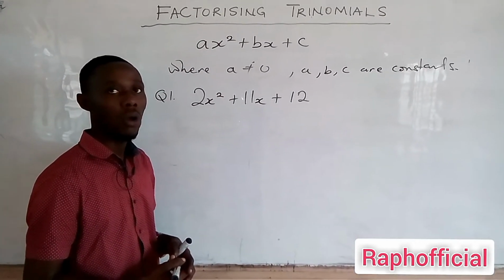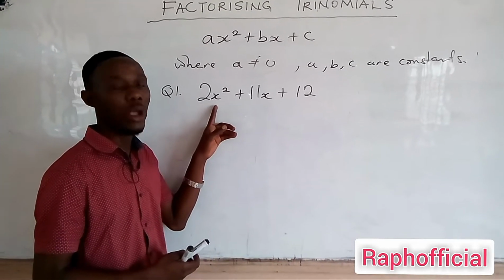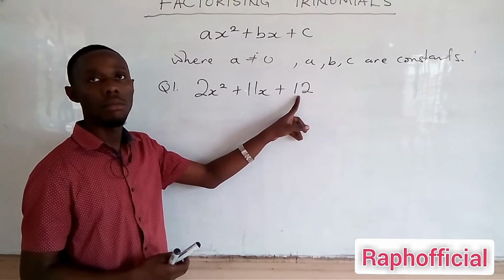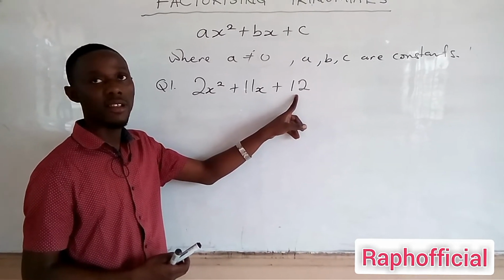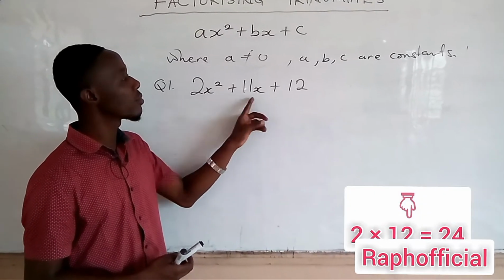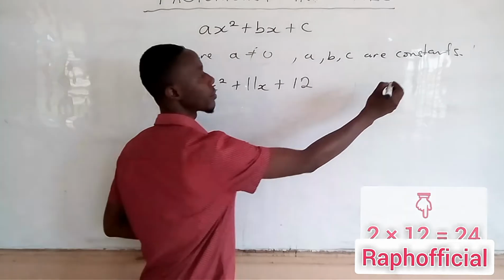First of all, we multiply the coefficient of x squared by the constant c. So 2 times 12, we will get 24.